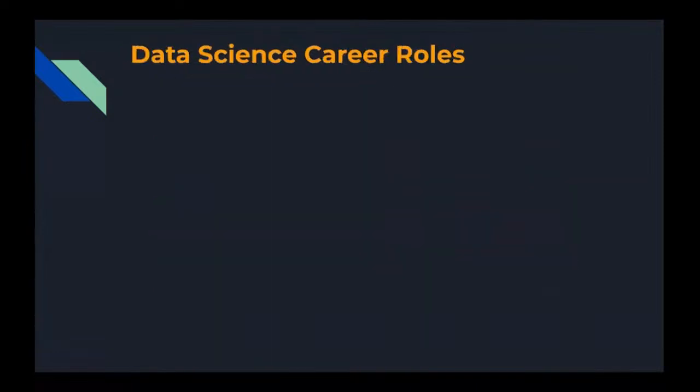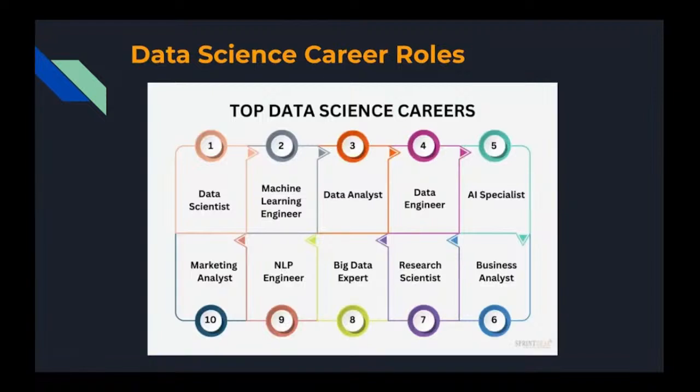And as I said, there are different career roles like data scientist, machine learning engineer, data analyst, data engineer. Data engineer is someone who handles the data. So you get the data from the database, handle the data, store the data, manage the data. Then again, AI specialist, marketing analyst.